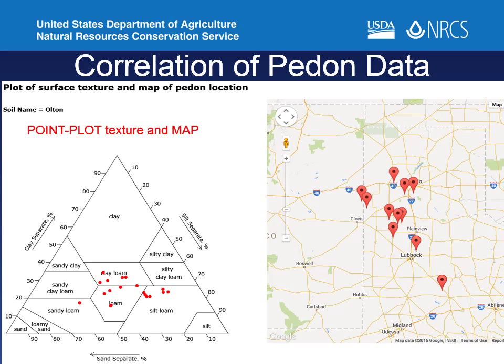So you can see that all of these points that were collected, and I'm not sure if these are lab data sets that are in the database or if these are actual pedon descriptions that had sand, silt, and clay. But you can take a look at this and you can see that we've got reports that are available for you to be able to analyze these as an image to understand where do they actually fall.